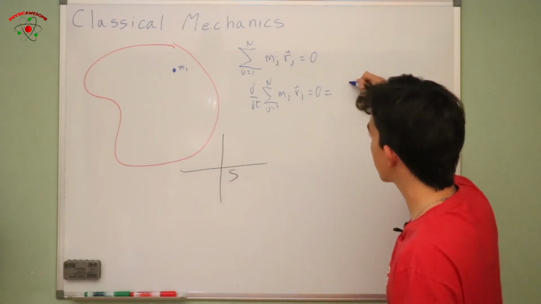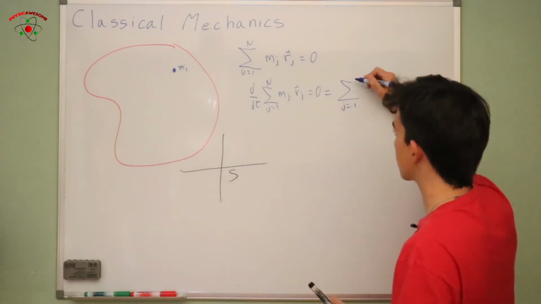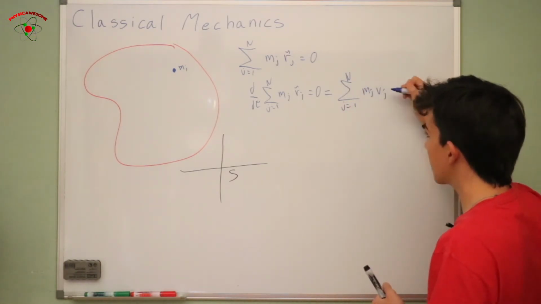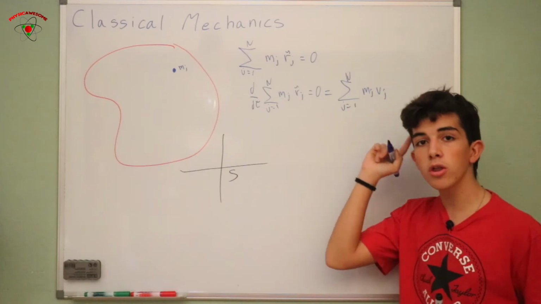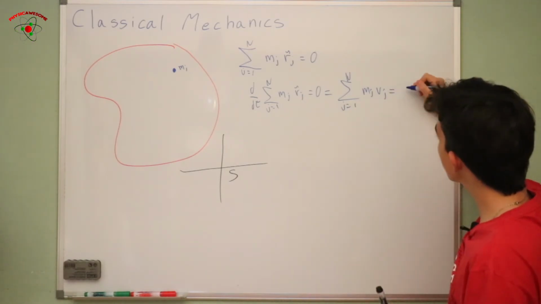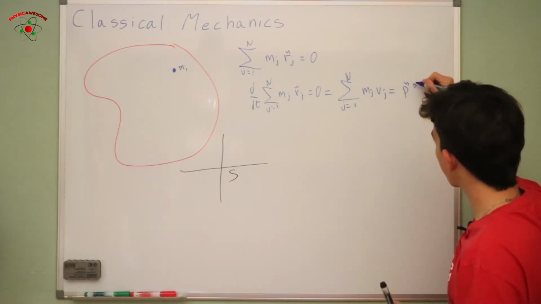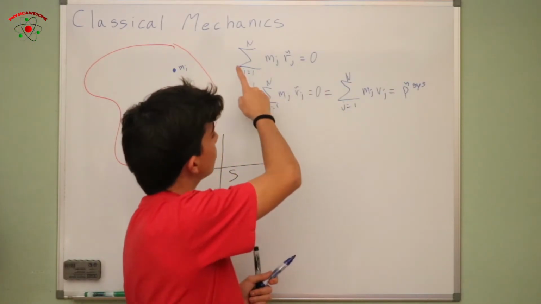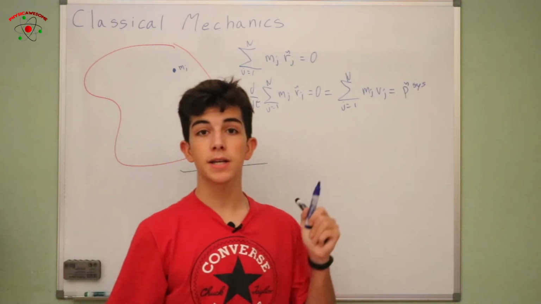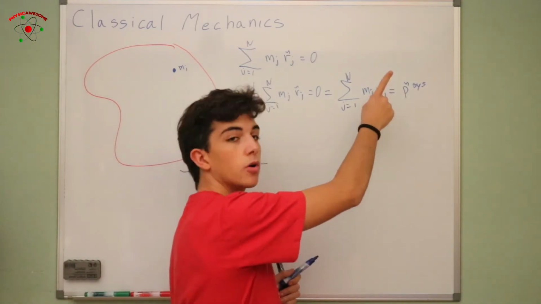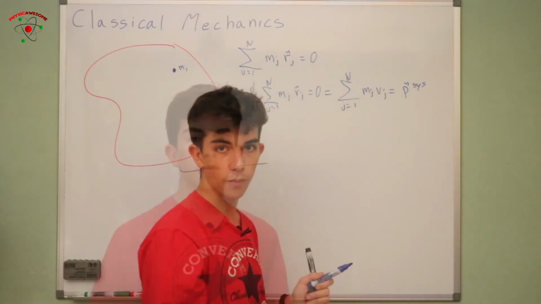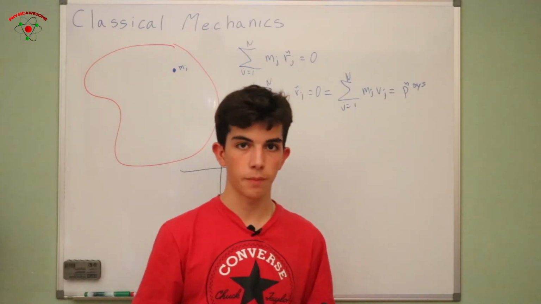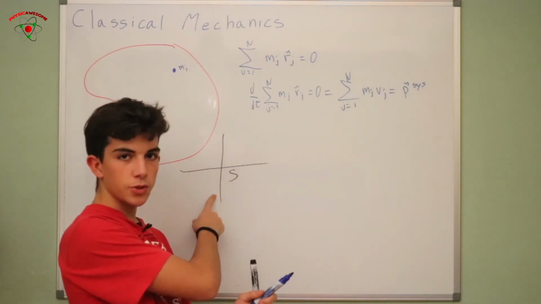Therefore, this is equal to the sum from j equals 1 to n of m_j times v_j. But this is no other thing than the total momentum of our system. Therefore, this reference frame is defined in such a way that the total momentum of the system is 0.